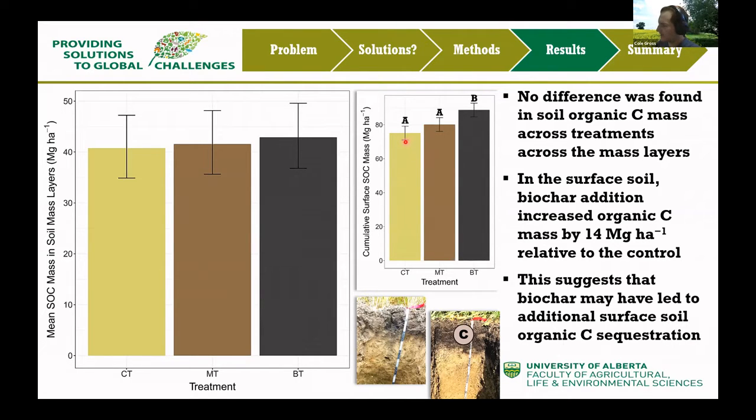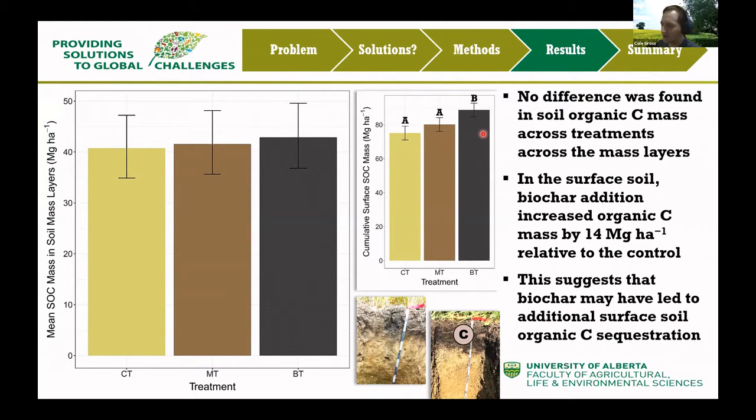This suggests that biochar may have led to additional surface soil organic carbon sequestration, since this is about double the amount of carbon that we applied in 2018. We applied 7 megagrams per hectare, and in 2020, we found an increase of 14 megagrams per hectare in the biochar plots.